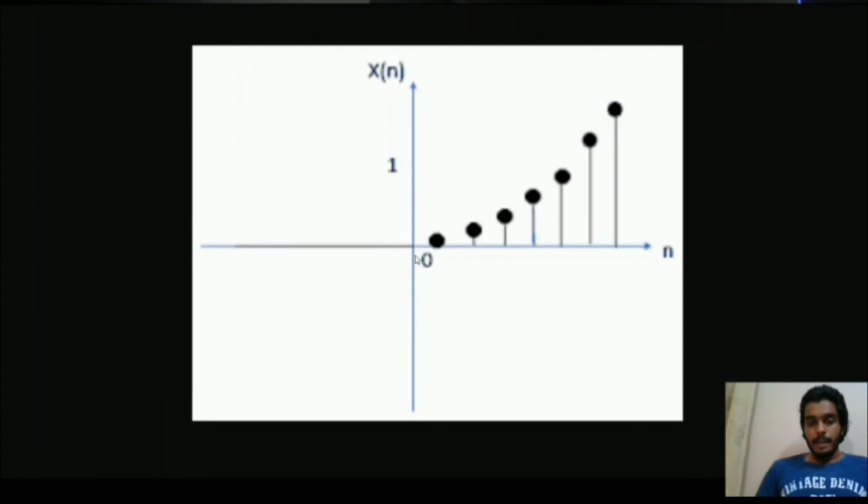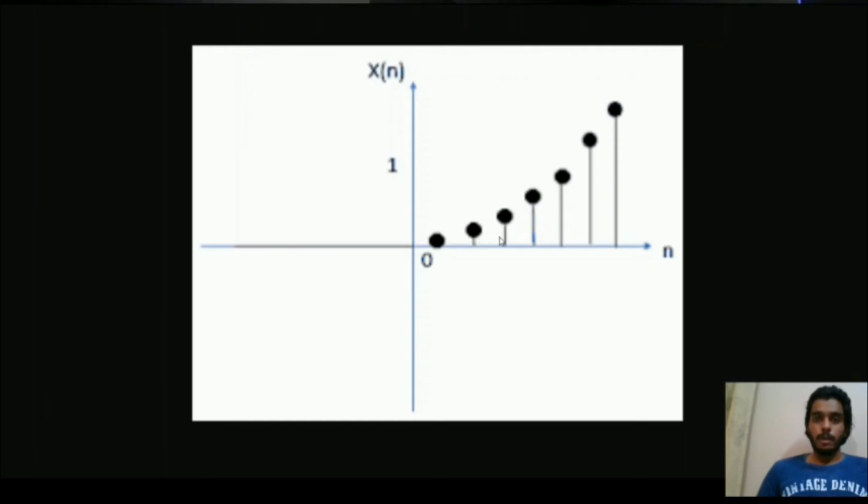For n greater than or equal to 0, the graph will be plotted according to n square by 2, since this is a discrete time case, and for n less than 0, the graph will always lie on the x-axis.